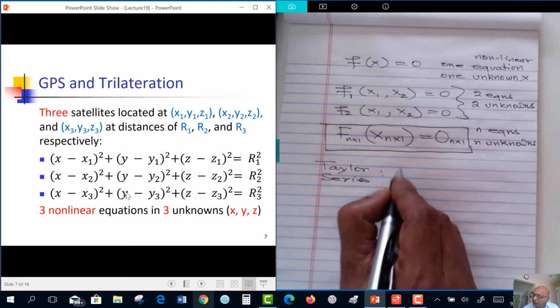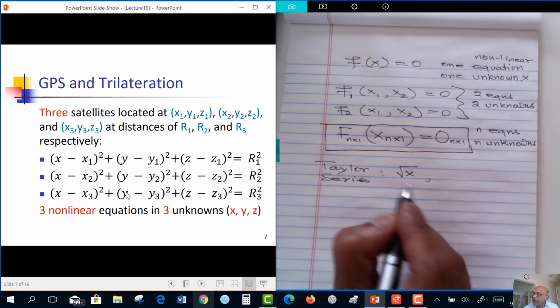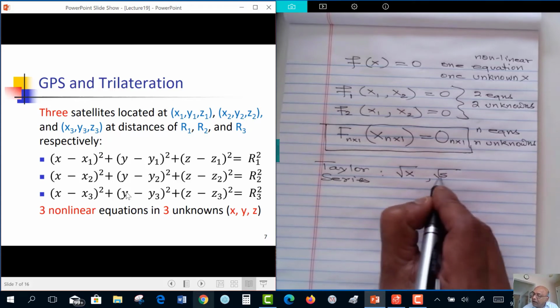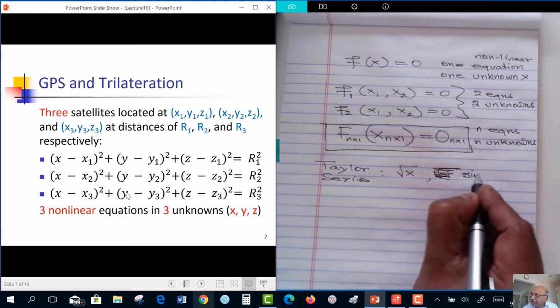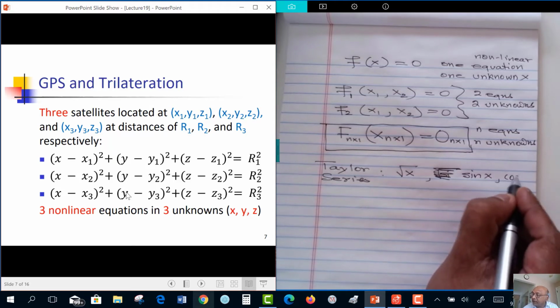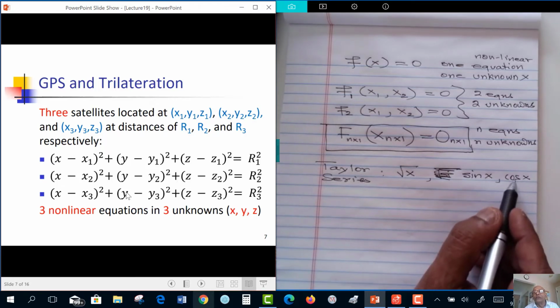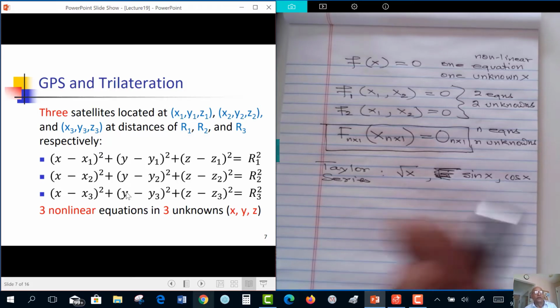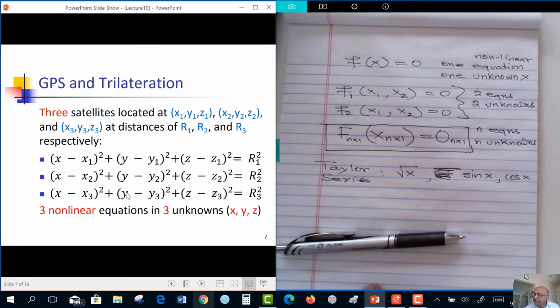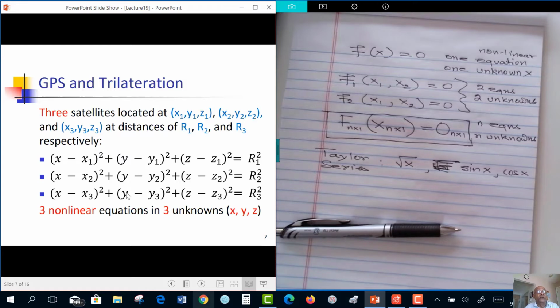I showed you, for example, the square root function, the sine x Taylor series, the cosine x Taylor series. In fact, we don't need to develop a Taylor series for each of those functions. From sine, we can get cosine, we can get tangent, and so on and so forth. But let's see where a nonlinear system might be used.